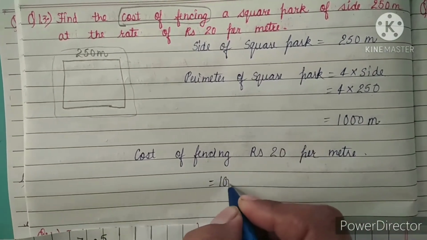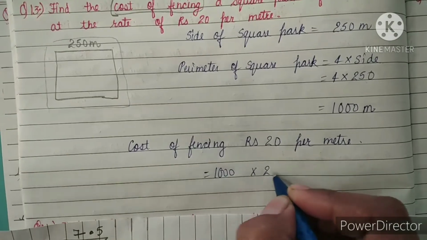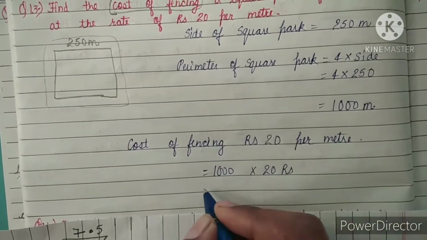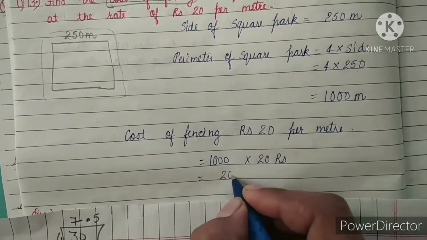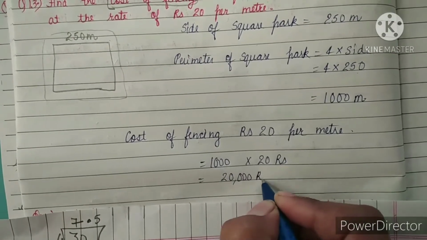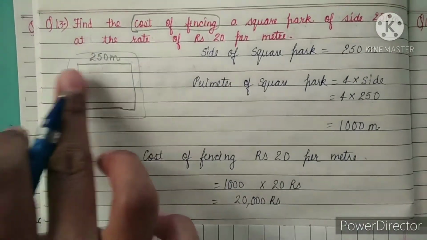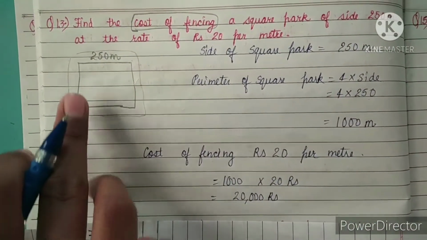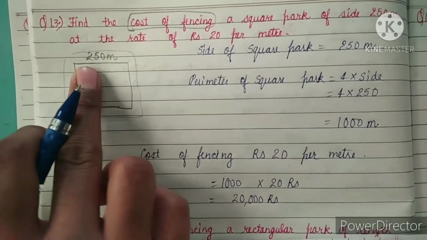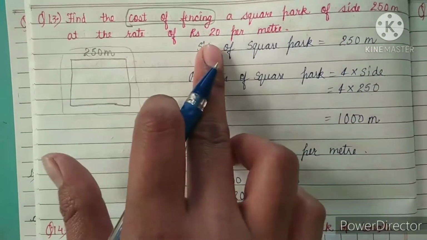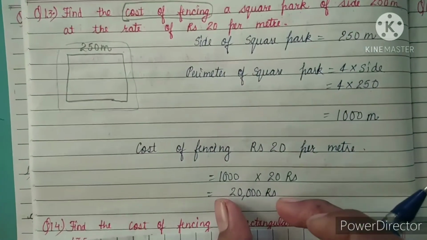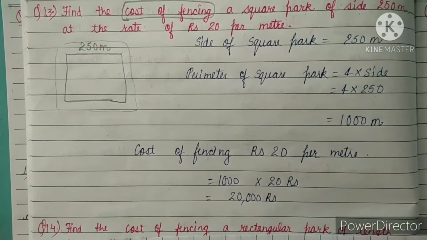We have 1000 meter. So this 1000 will multiply by 20 rupees and it will give us 20,000 rupees. It means when we do the fencing of the square park whose side is 250 meter at the rate of 20 per meter, we have to pay 20,000 rupees.